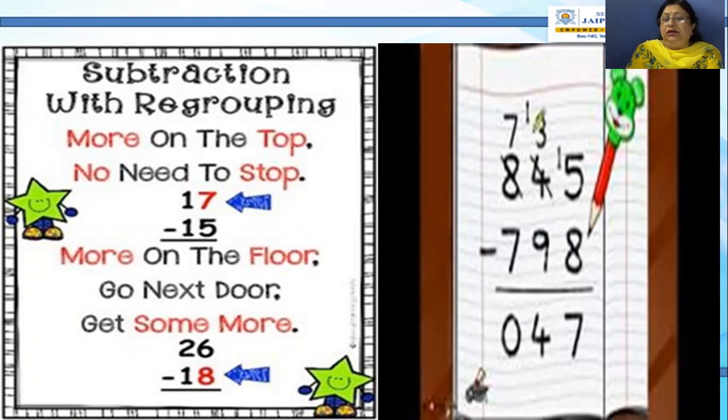Now here, 6 is smaller than 8. So what are we going to do? We are going to borrow from tens. 6 will become 16 and 16 minus 8 will be 8 and 1 minus 1 will be 0. So always remember, more on floor, go next door to get some more.